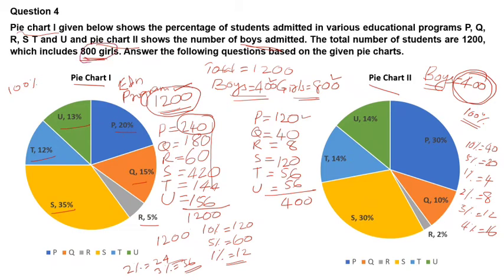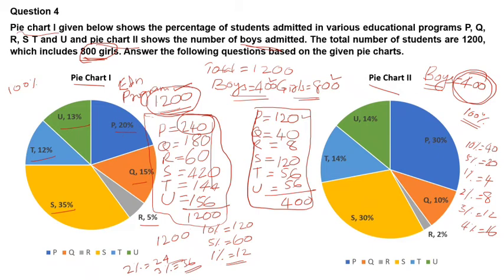So the remaining 400 are boys. From these 400 boys, we divided the percentages to get the number of boys, total 400. Here you have the total 1200, the data given for the total number of students. Now note this, let us go to the questions.